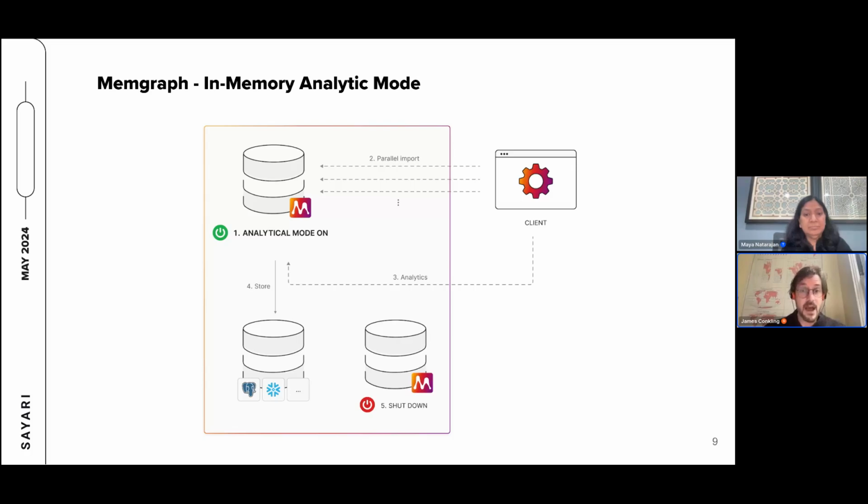That is a very powerful mode to get the scale, the performance, and the analytical richness of an OLAP database, but many of the performance guarantees of an OLTP database, with the big exception of ACID. We've given up ACID guarantees because this is a read-only workload.